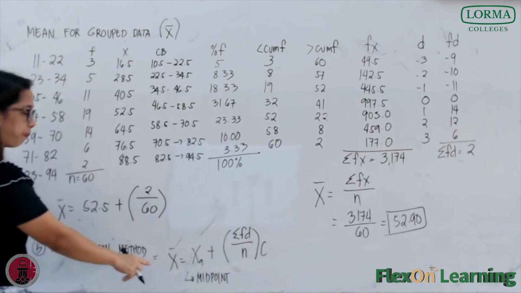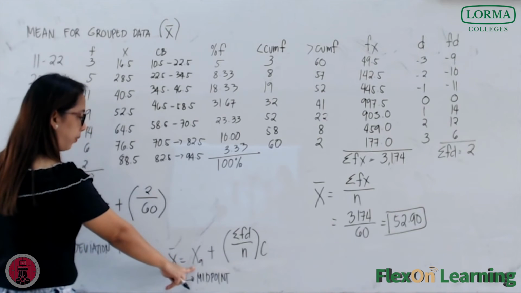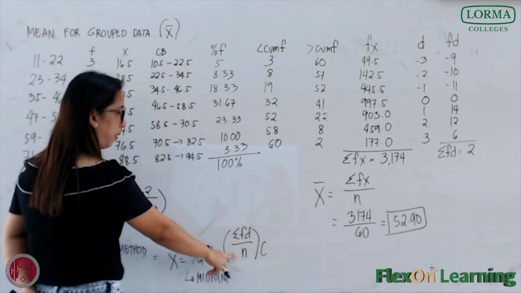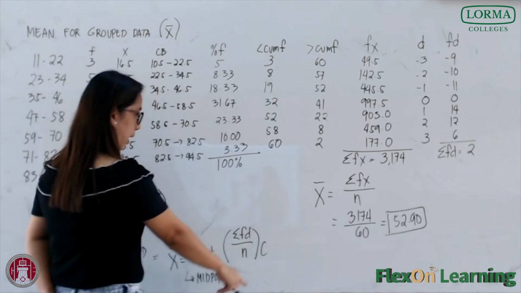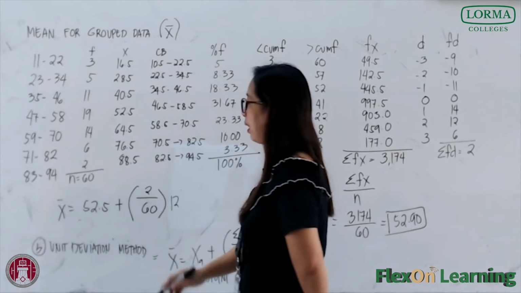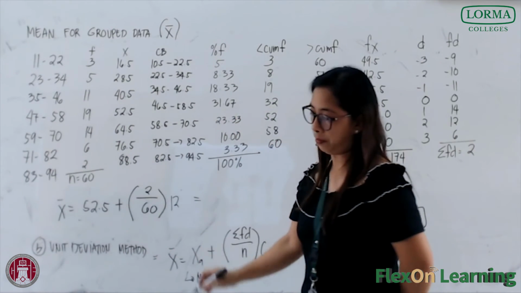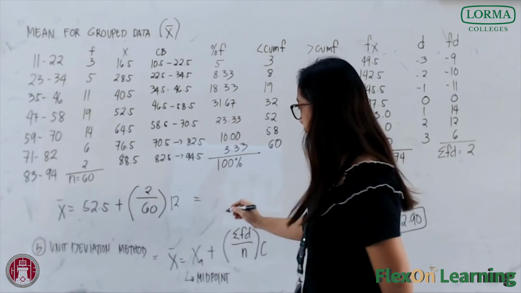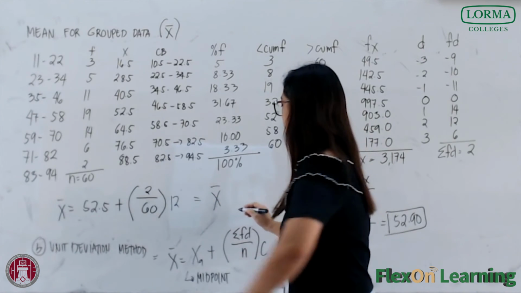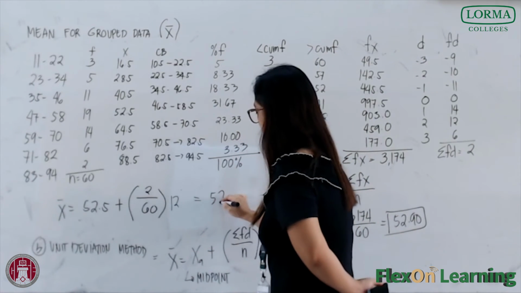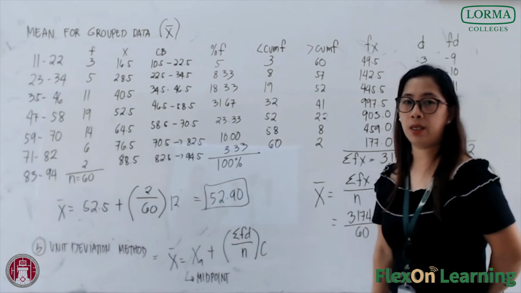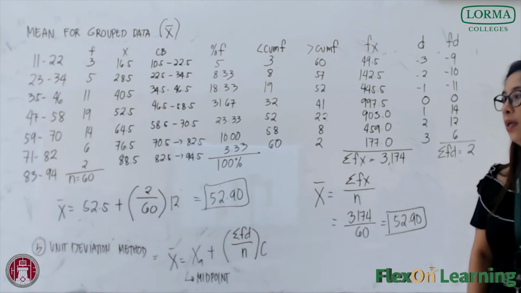Again, midpoint of the highest frequency plus the summation of frequency times the unit deviation divided by our sample size, multiplied by the class interval of 12. So your mean is also equal to 52.90.